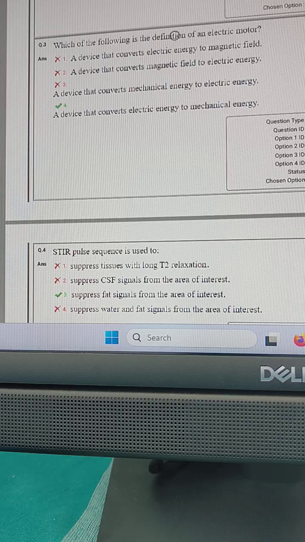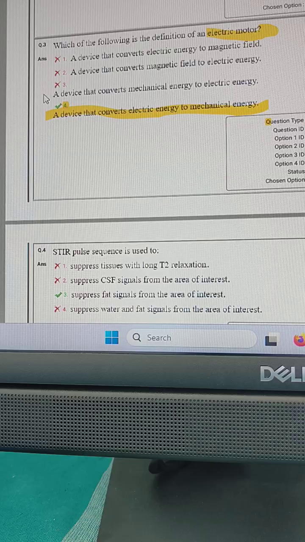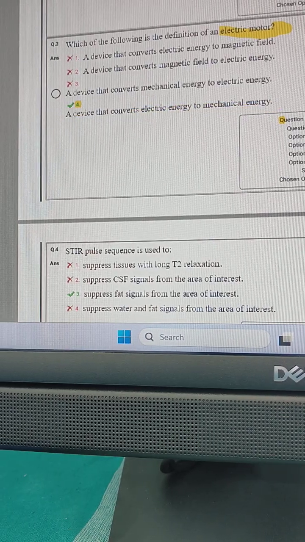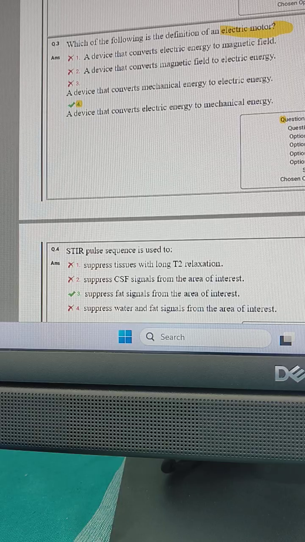The last is the definition of an electric motor, so the correct answer is option D.